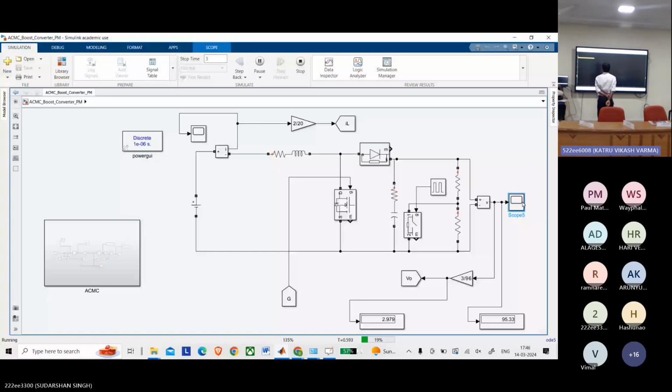So this is your output voltage. We have designed for 96 volt. We will first see the load step effect because we are testing the load disturbance. How much current have you changed? 100%. So you have 20 ampere, and you are increasing to 40 ampere.